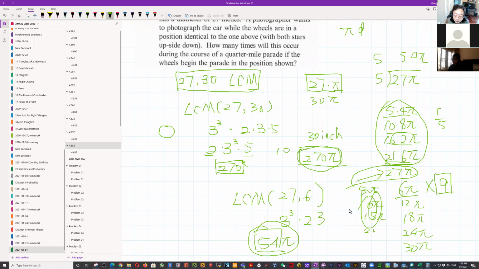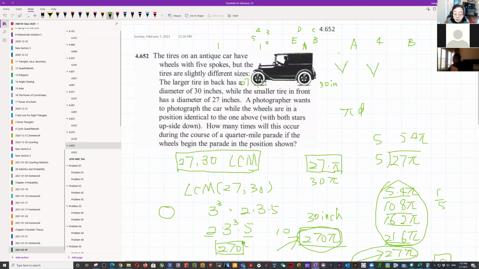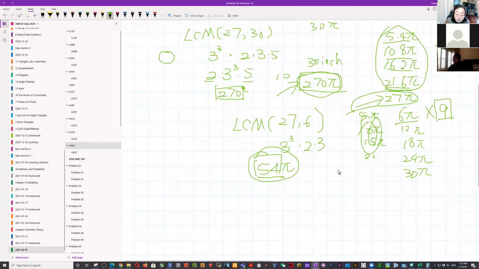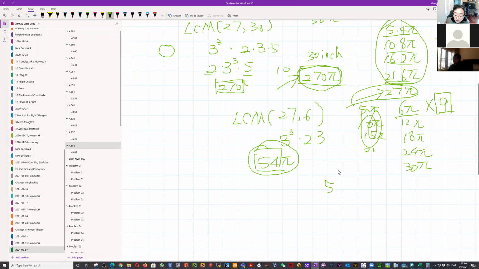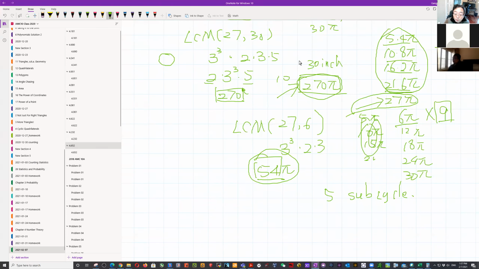So given this information, we know that within a complete cycle, rotating back to the start, there are going to be 5 subcycles where both tips will be pointing down.